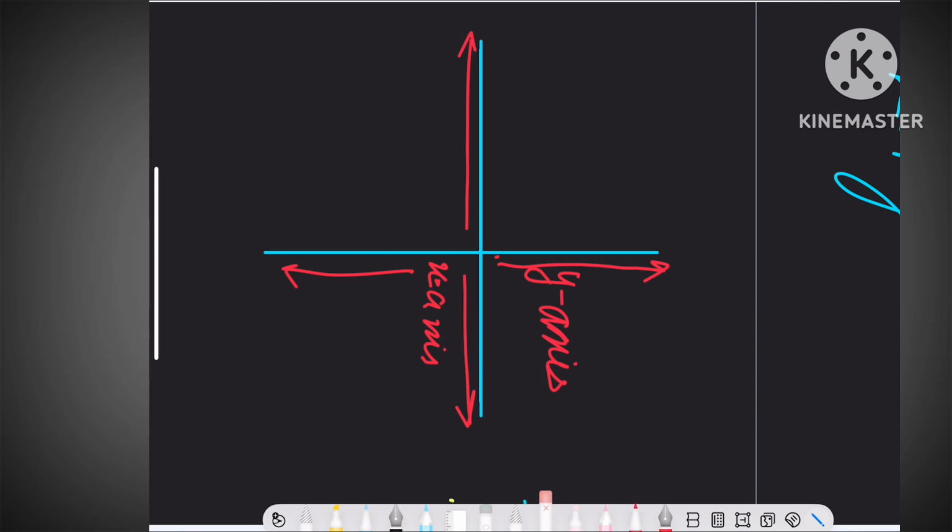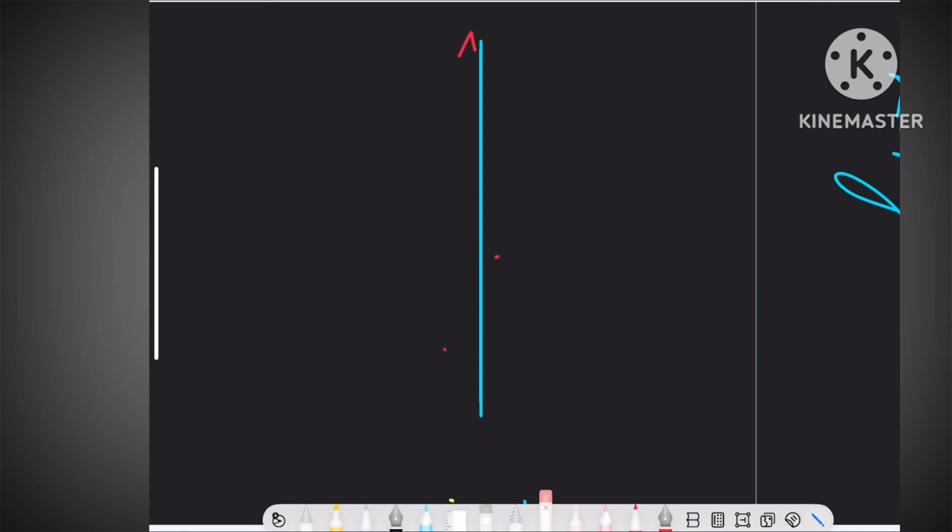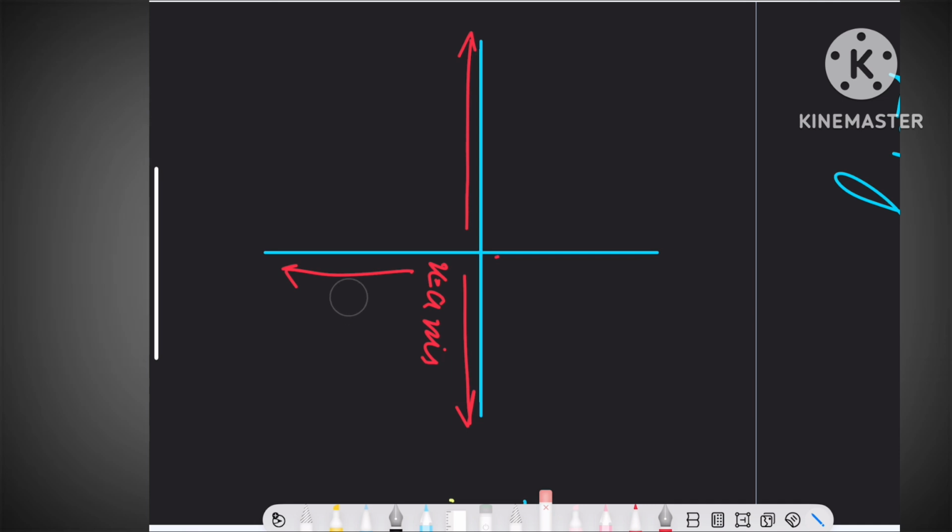The y-axis and x-axis are divided into y dash, x dash, x and y. Here is the y dash, here is the x dash, here is the x, and here is the y.